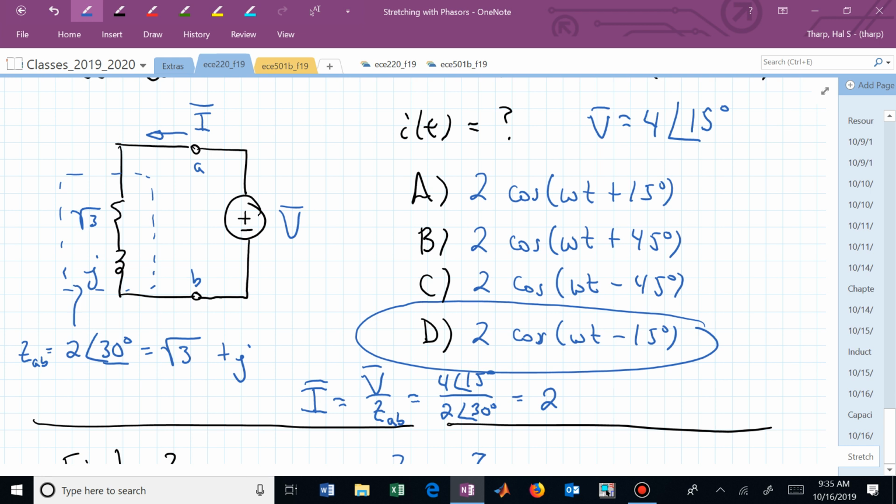Well, when you divide numbers and they have exponents, that's like subtracting. So now you have 15 minus 30, or for the angle, minus 15 degrees. That gives you now your 2 cosine omega t minus 15.